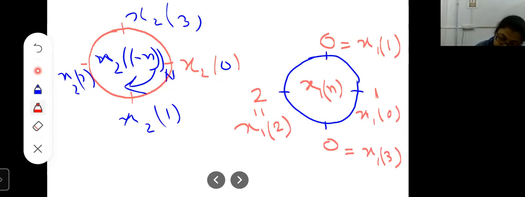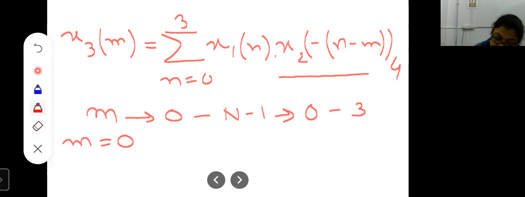So now we know what x2(-n) is. After that, what operation do we have to do? That is multiplication. We have chosen m equals 0 now, so we are going to find x3(0).